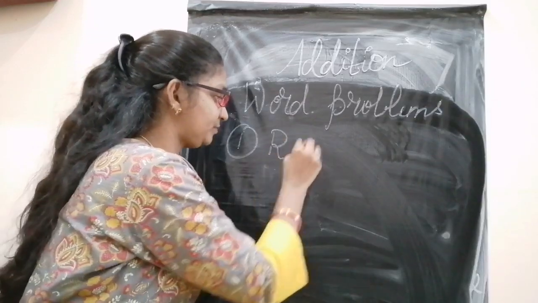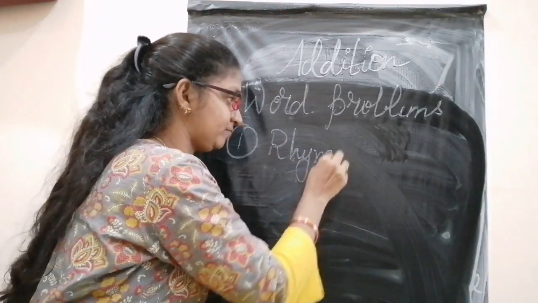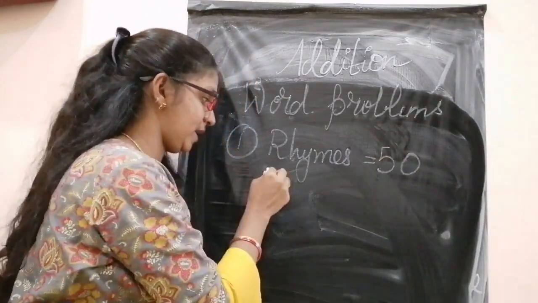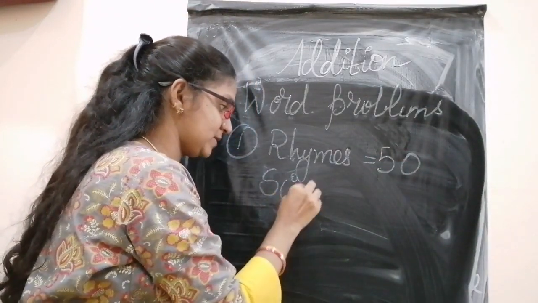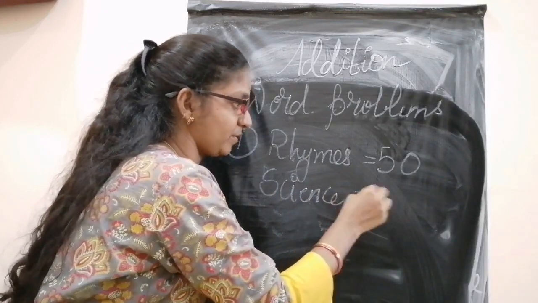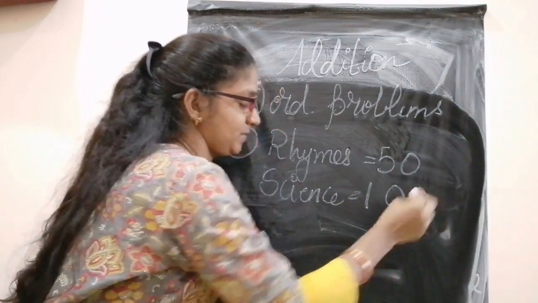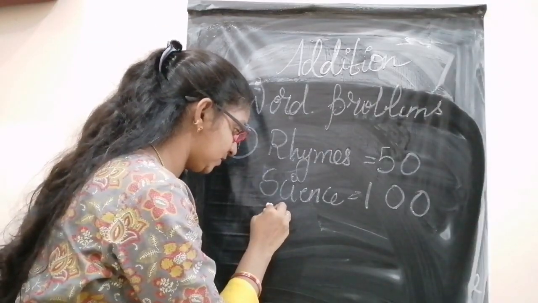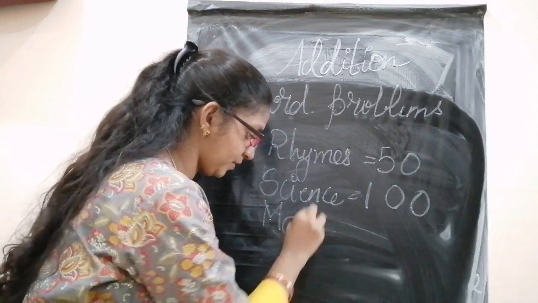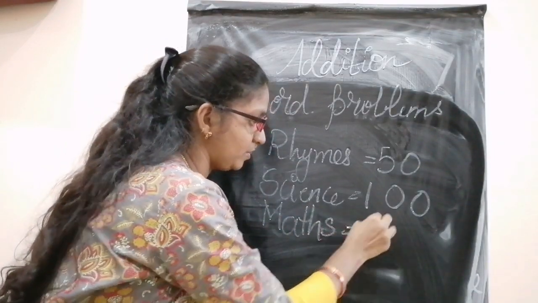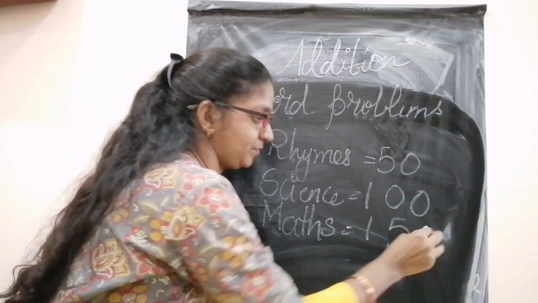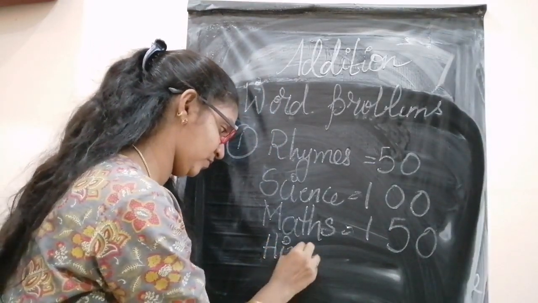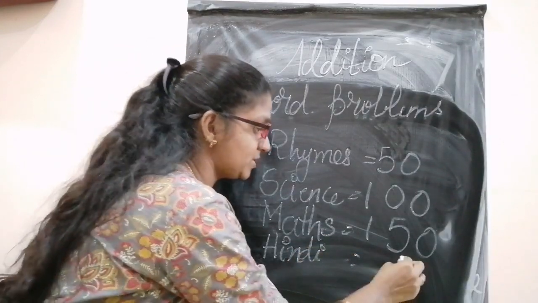First, rhymes book for 50 rupees, next science book for 100 rupees, next maths book for 150 rupees, and next Hindi book for 60 rupees.